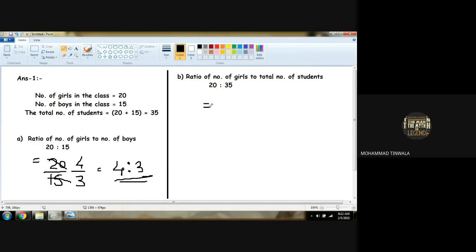So can I write 20 upon 35? 5 fours are 20, 5 sevens are 35. So 4 upon 7 we got. 4 and 7 cannot divide with each other. So can I say 4 is to 7 is the ratio of 20 is to 35? So we found our answer number 1 is complete. Is that clear how we have to do?